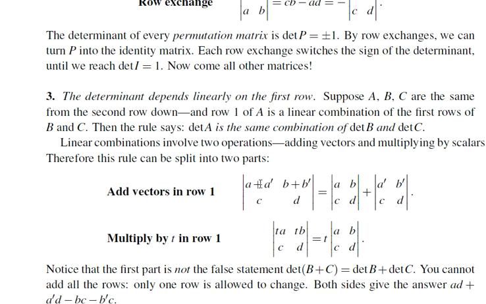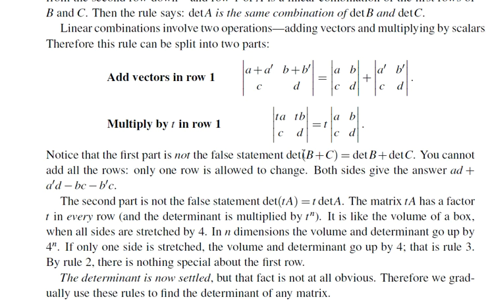So in these cases we can write A is equal to B plus C, and if there is a multiplication by some value with any of the rows, then we can take that element outside. And even determinant of A is equal to determinant of B plus determinant of C, we can write.